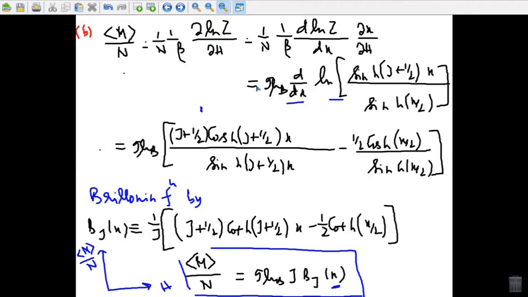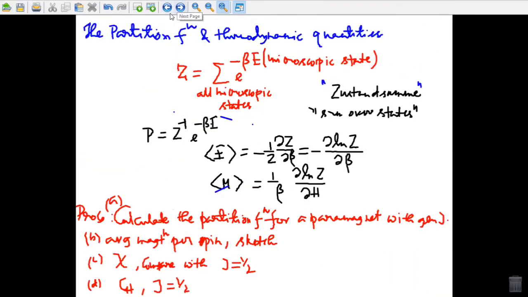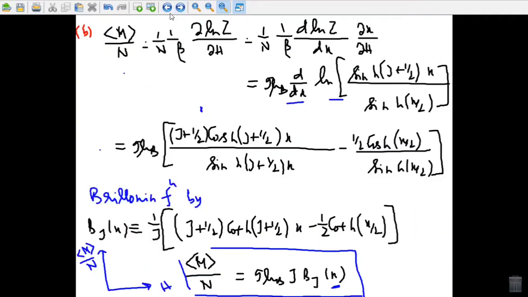So we have discussed that we have denoted x equals beta g mu_B h. So del x del h turns out to be beta g mu_B, right? So this is substituted here in the expression. So beta cancels out, and in the derivative N also cancels out.